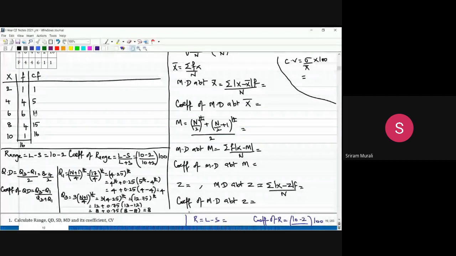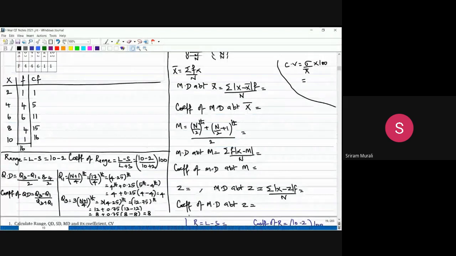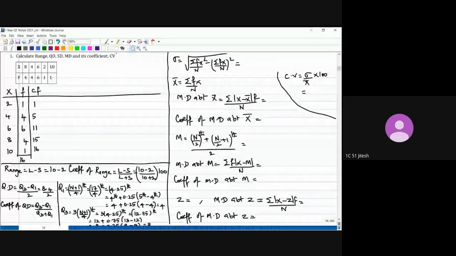You get 12 between 11 and 15, so I don't take 12 here. What you have to do is take 12 in the place of 15, whose respective x value is 8, plus 0.75 into 13 also falls in the place of 15, whose respective value is 8. In the same way, 12. Have you now understood? Yes, sir.